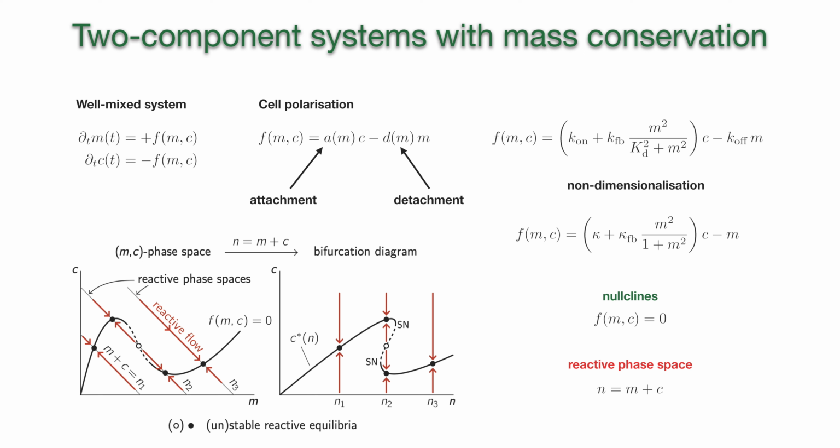And there you explicitly see how this happens. So the fold goes back in a saddle-node bifurcation if this stability criterion is obeyed. Meaning here, if the nullcline overcuts the mass-conserving subspace, which happens when, as a function of n, this function c star of n has a vertical tangent.